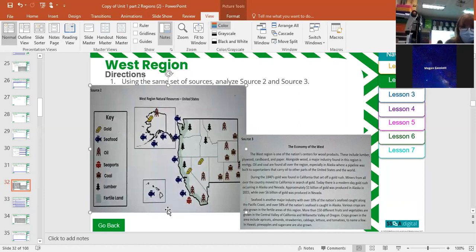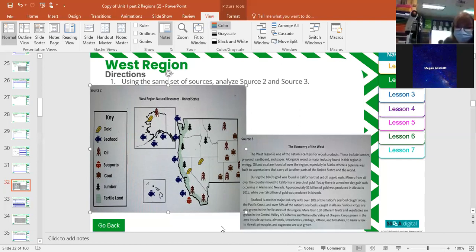All right, do you see fertile land along the coast? The entire coast, right? Do you remember when we made our map yesterday? There was an area called the Central Valley. Do you remember us talking about the Central Valley yesterday, and it being some of the most fertile lands in the world, right?